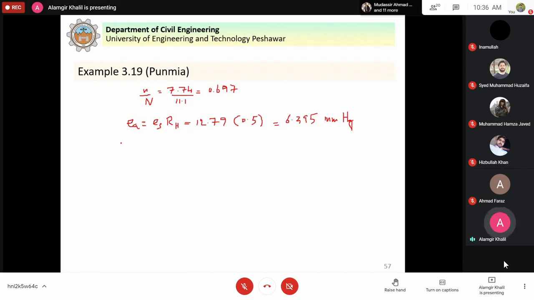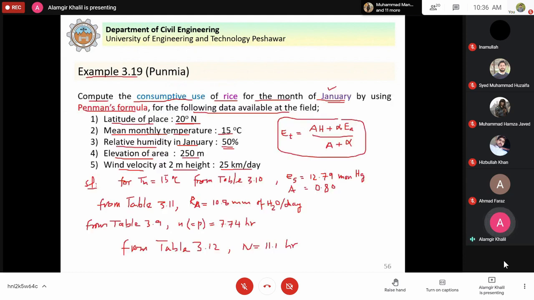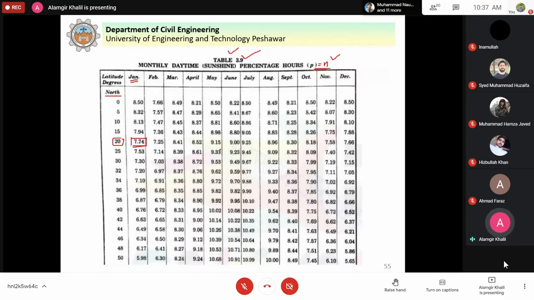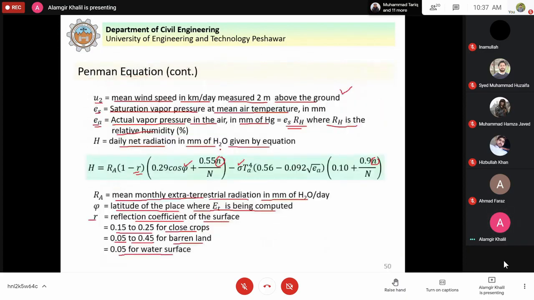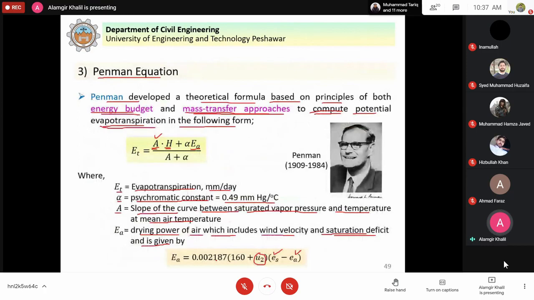Next we have to calculate this Ea. Ea is given by this equation here.